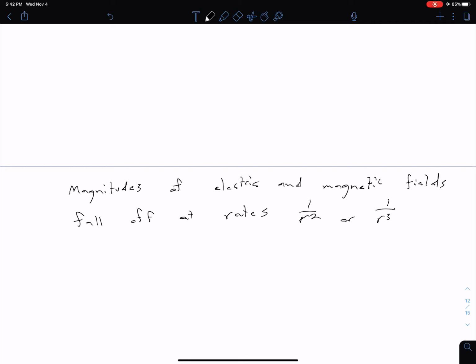And by fall off, I mean they're decreasing by 1 over r squared, where again r is a distance from the source. So we can see it's dropping pretty drastically as we move away from the source.